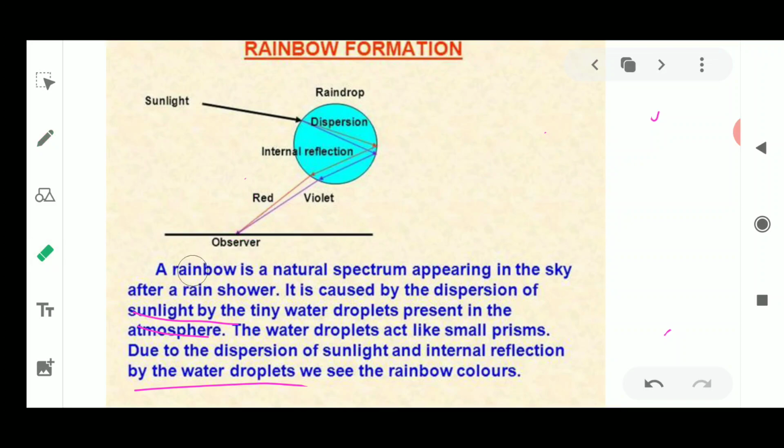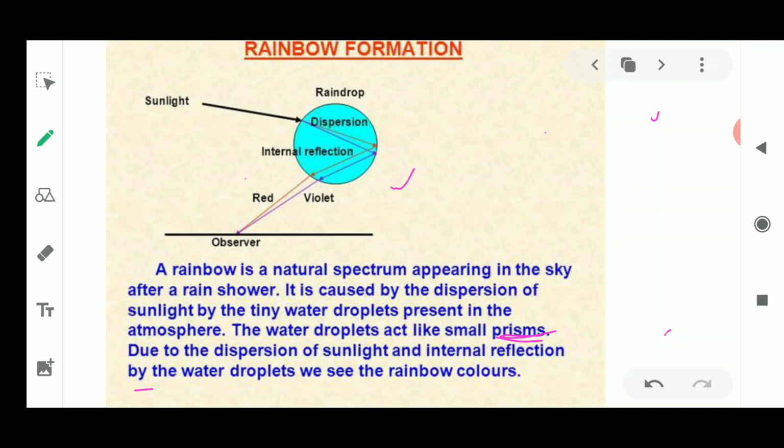As you could see here, inside a water droplet, it is because of this water droplet only that the dispersion is happening. Just as dispersion takes place inside a prism, the same dispersion also takes place inside this water droplet. There are hundreds of water droplets.